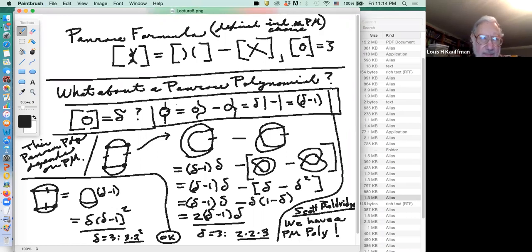Now, Scott got interested in this phenomenon, and he had the idea that things looked analogous to Khovanov homology. And so he defined a graph Khovanov homology that would correspond to some of these perfect matching polynomials. And that's where I got into the act in this case.